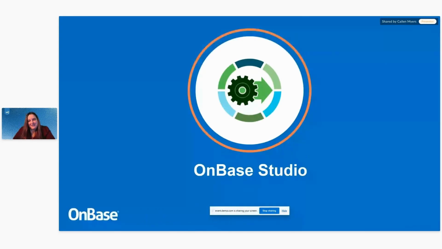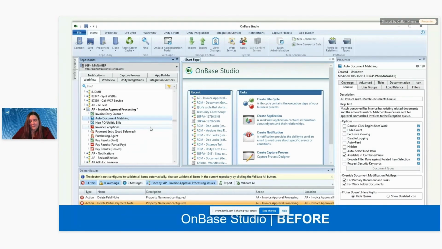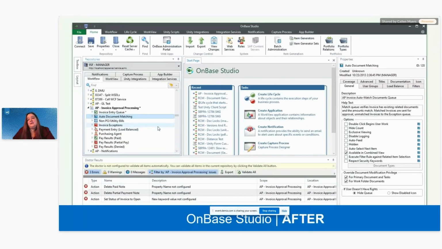And lastly, our OnBase Studio. You'll notice that the theme has been updated to look similar to the Unity client. Before, you had kind of that bluish background. Now everything is white.